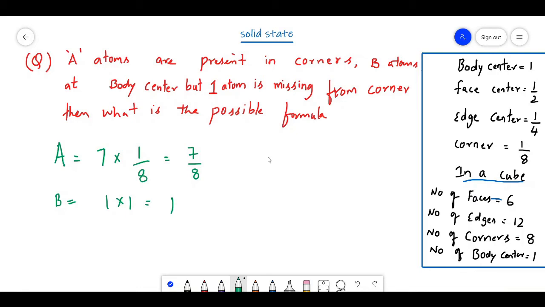So now what is the possible formula means it is A 7 by 8 B, and you can write this formula as A7 B8. So this is the formula finally we get.